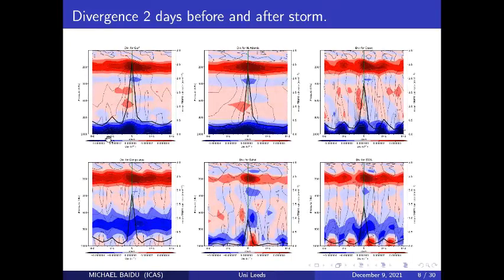So that is 2 days before the storm arrived, to 2 days after the storm arrived, for each of the regions. Also overlaid, the dotted contours are the associated vertical velocities with these storms. And the thick line that you see here is the rainfall associated with the storms, shown on this second axis here.